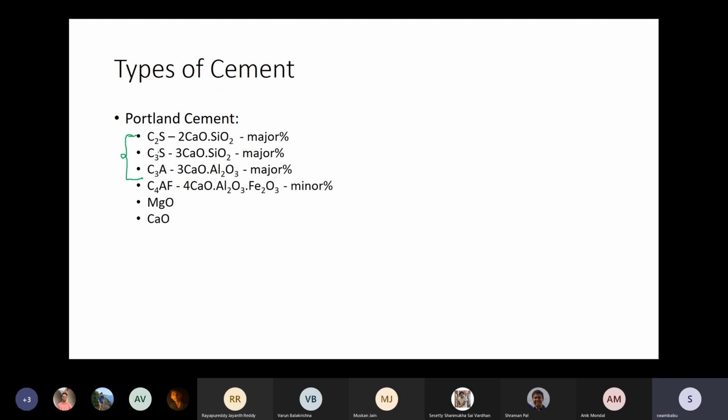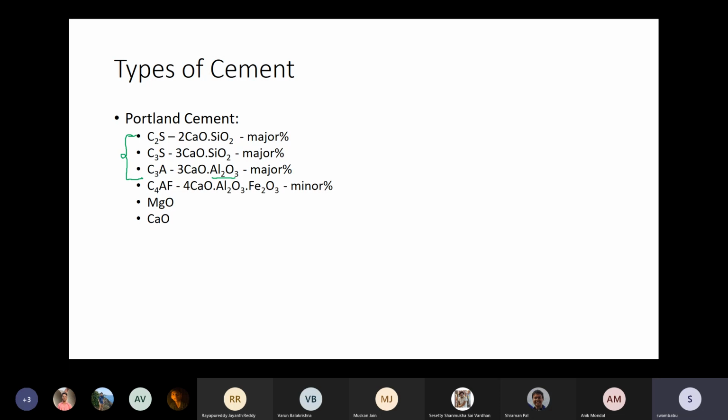And often for the aluminate, we will add clays as a source of aluminate. The clay will contain other impurities like Fe2O3, MgO or CaO.